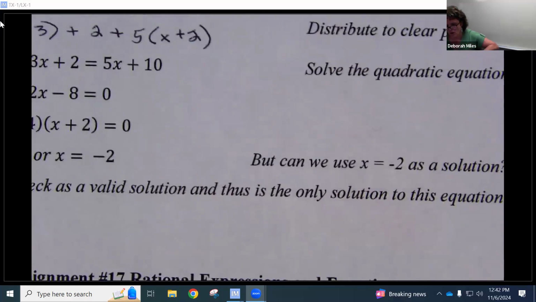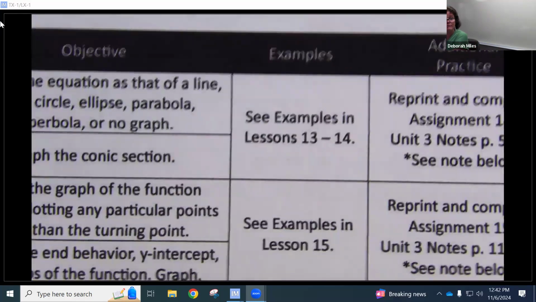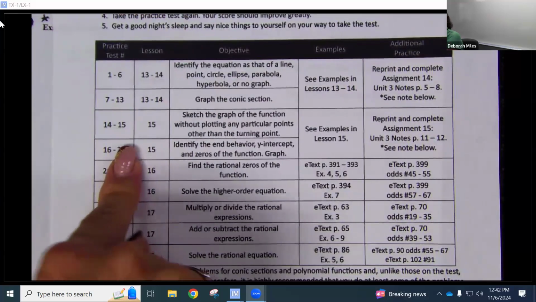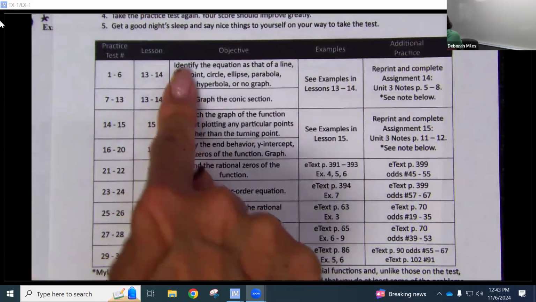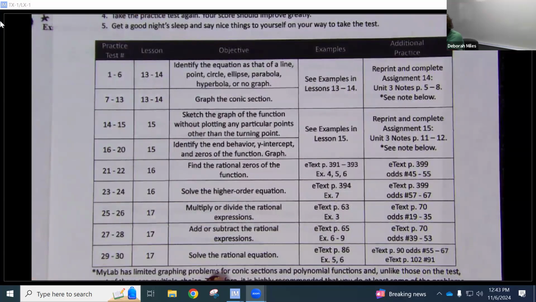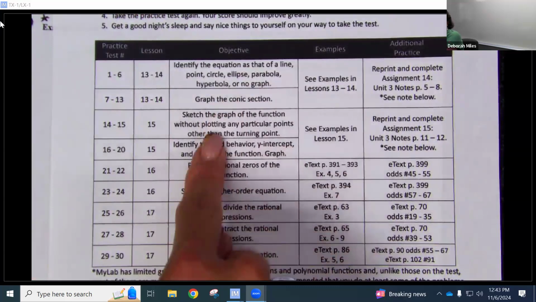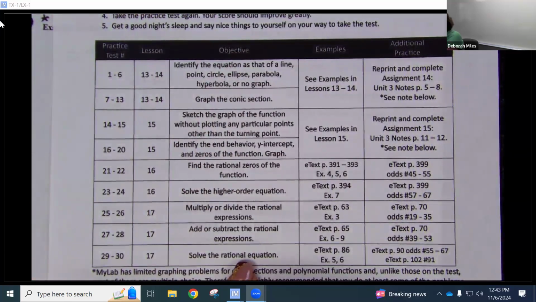You remember how I always give you this review, and this review compares the problems on the practice test to what lesson they come from, what the objectives are, and these objectives, they're the same thing on the test. On the test, I think that's number 1, and this is number 2 and 3, and that might be 4 and 5, but that's exactly what the directions on the test say.